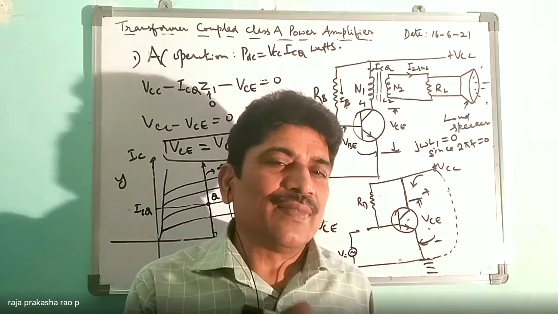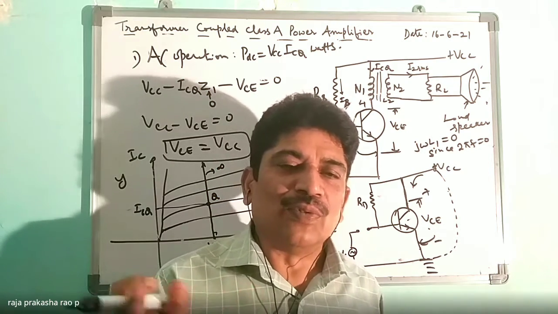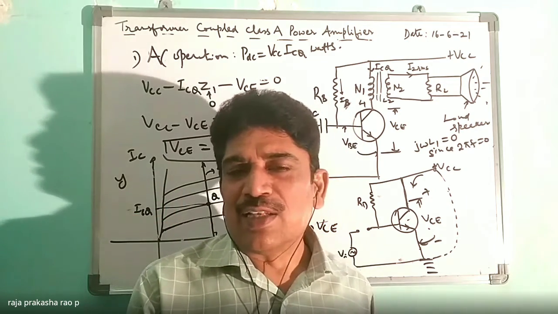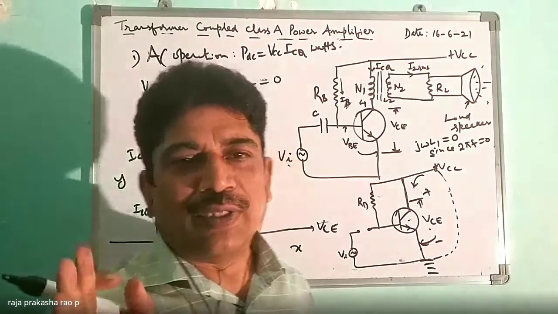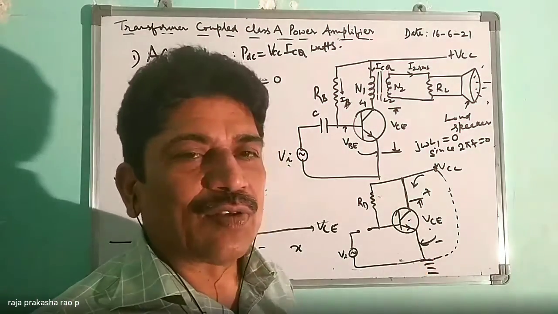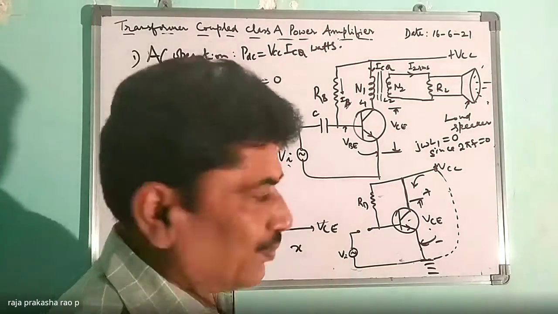Here we are not using H parameters, so that step is removed. Generally we convert into the H-parameter model circuit, but we are not doing that. We just convert it into a circuit using those guidelines.